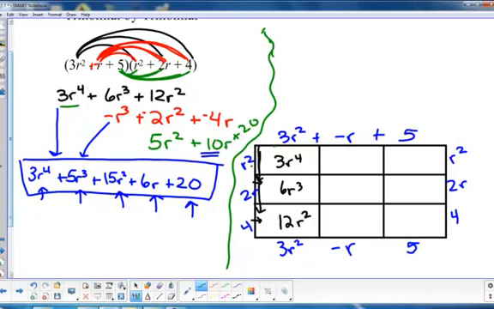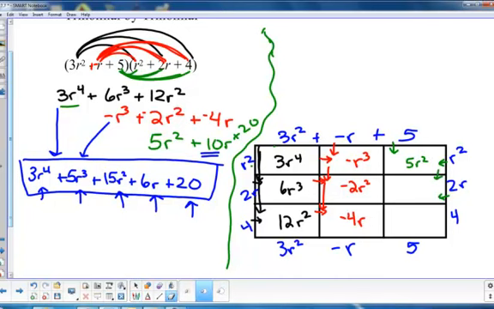So that's everything in black that I initially had. Then this is all my red stuff. Negative r and r squared is negative r cubed. Negative r and 2r is negative 2r squared. Negative r and 4 is negative 4r. And then my green stuff. 5 times r squared is 5r squared. 5 times 2r is 10r.